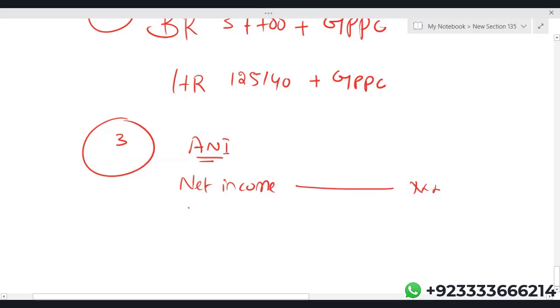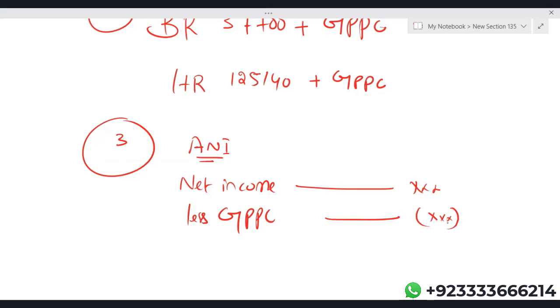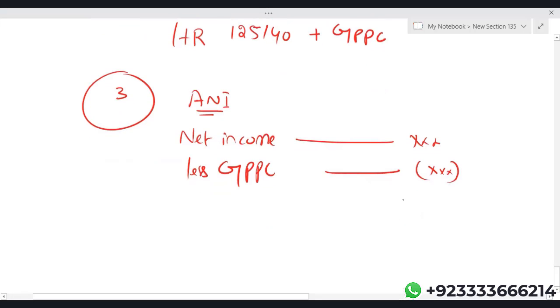From this net income, we deduct gross personal pension contribution. We also deduct gross gift aid donation, and gross gift aid donation works exactly like gross PPC, but gross gift aid donation is not taxable in ATX. That is why I'm not writing it here. So simply, net income minus gross PPC will give you adjusted net income.